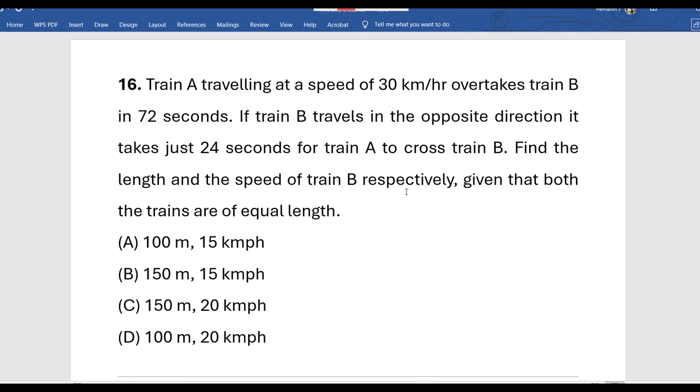Now my dear friends, see the question one by one. In the first case, train A crossing train B, the distance is what? L, the length of train A, plus the length of train B. It's like a train crossing a platform. Both trains are the same length, so let's say 2L. Next, speed. Overtaking: is it the same direction or opposite direction?